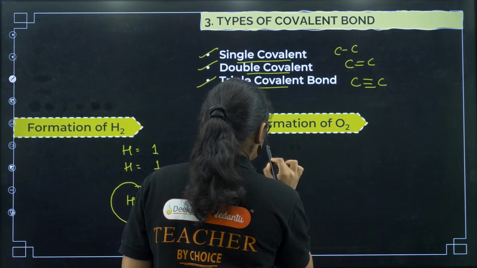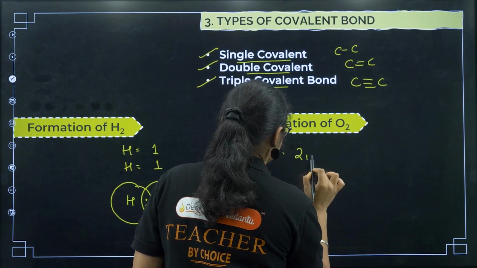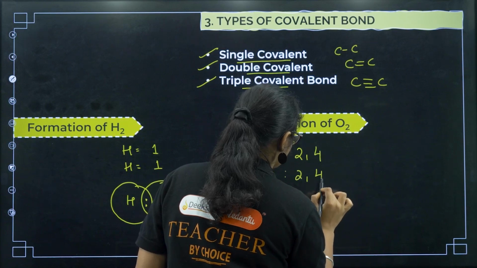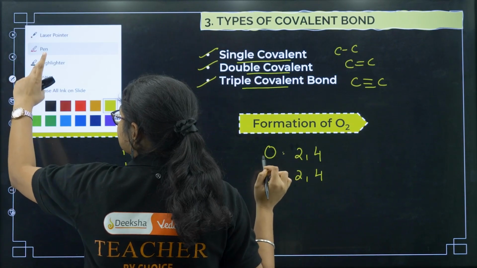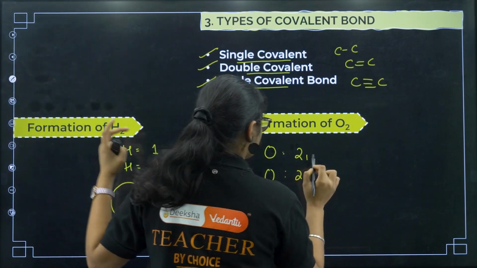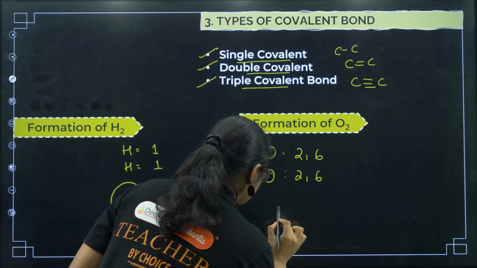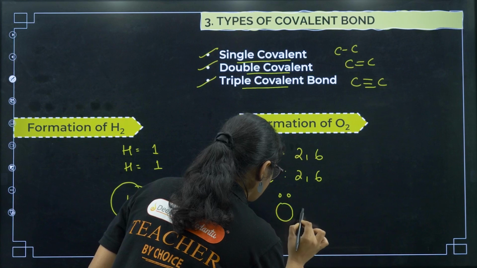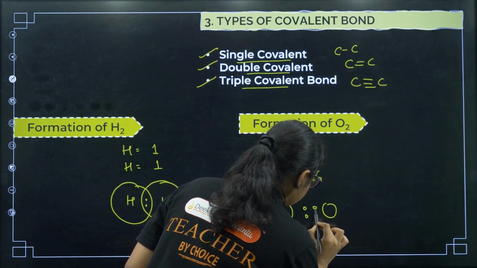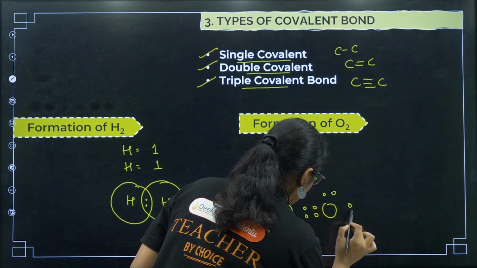Next, O2. Oxygen, if you see the electronic configuration, it is 2 and 6, right? So I'll draw one oxygen with 6 electrons, 1, 2, 3, 4 and 5, 6, and I'll draw another oxygen, 1, 2, 3, 4 and 5, 6.